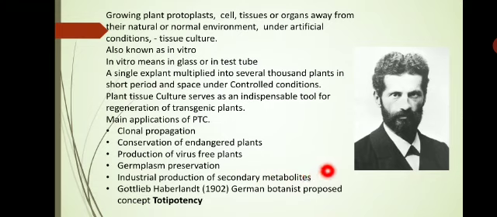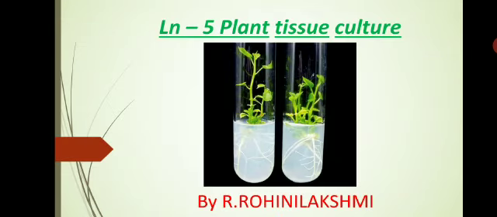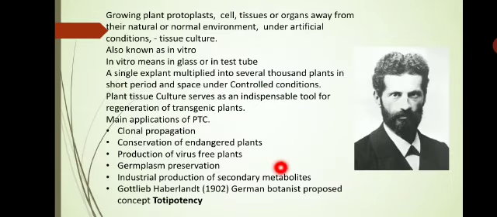Then, one of the scientists, Gottlieb Haberlandt, was a German botanist. He proposed the concept of totipotency. Totipotency is simply the total potentiality of the plant to produce.